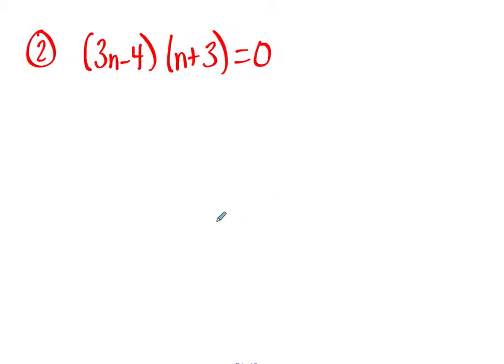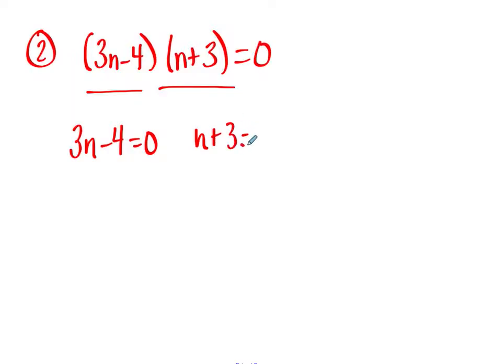What did I do with this one? Hello? What do I do with this one? For n, you get 4/3. How? You set it equal to 0. So 3n minus 4 equals 0 and n plus 3 equals 0, because I have something times something equals 0.